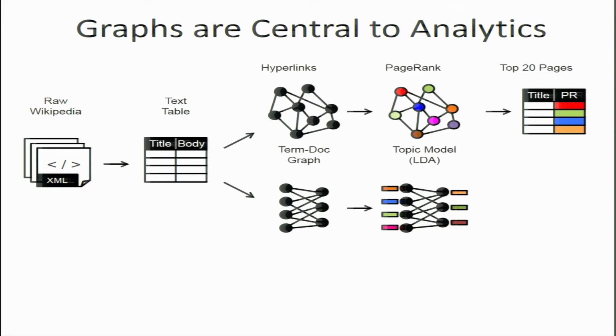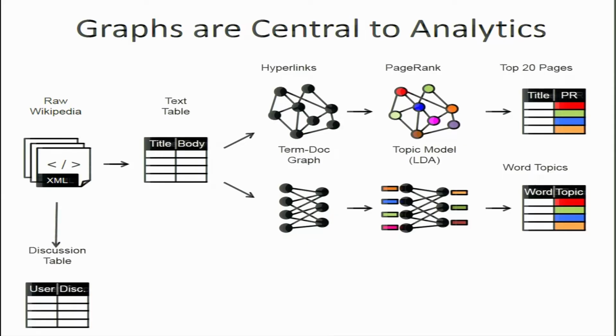and on this term document graph, we can apply a topic model algorithm, and from that we can extract the word topic table, that is, a word and topic table. Similarly, from the raw Wikipedia, we can construct another table which is called a discussion table, wherein the users and discussion topics are mentioned.